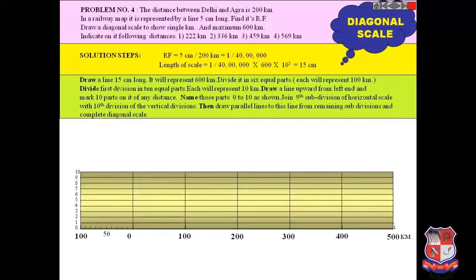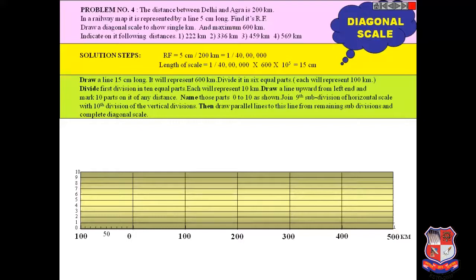Now be careful. You have to draw a line upward from the left hand and mark 10 equal parts. The left hand line is divided into 10 equal parts. Name those parts 0 to 10.